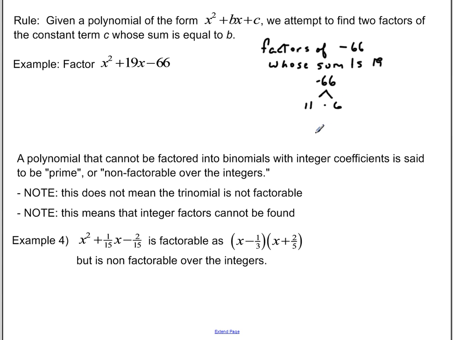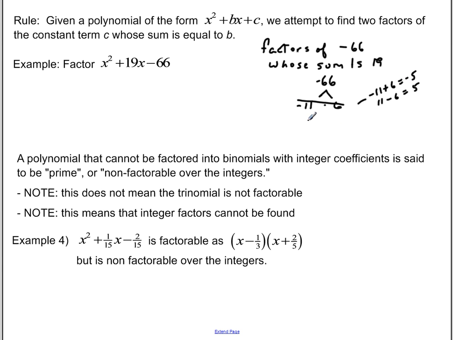Does that work? Well, maybe, maybe not. We would have to have one negative, one positive, so we could think negative 11 plus 6. Well, negative 11 plus 6 won't work, right? Because we know that a negative 11 added to positive 6 is going to give us negative 5. That's no good, right? And of course, positive 11 and negative 6 won't work either because that's going to give us positive 5. But that's not our middle term, so we can't use that.